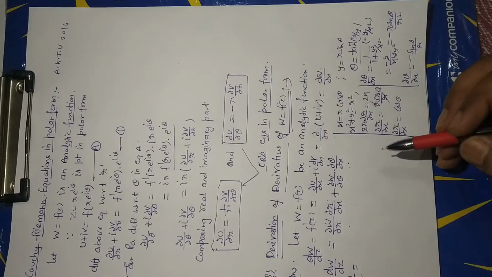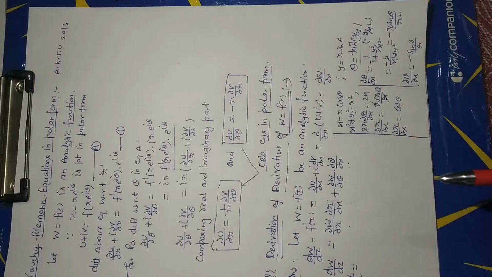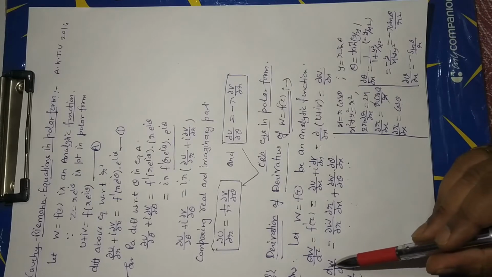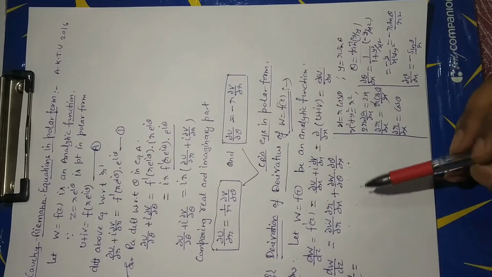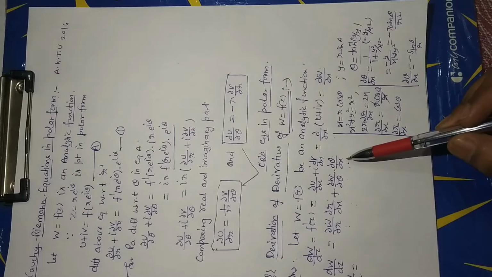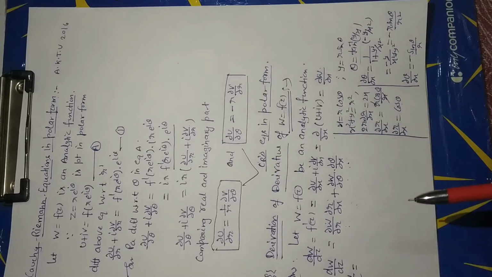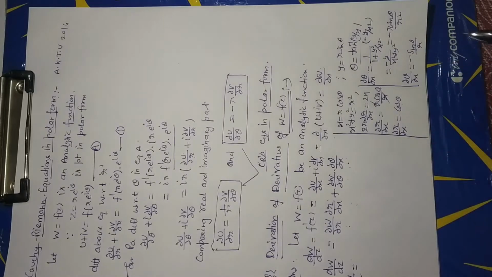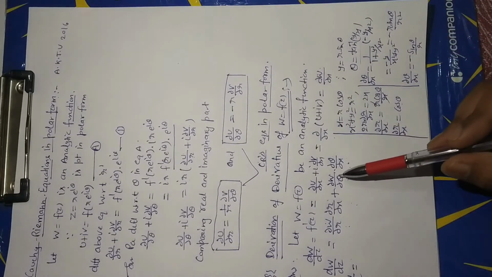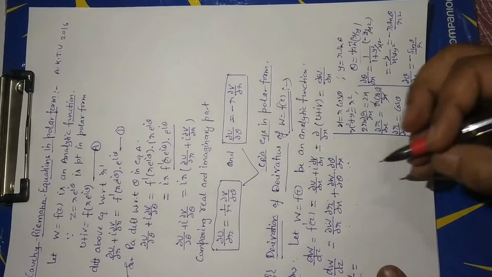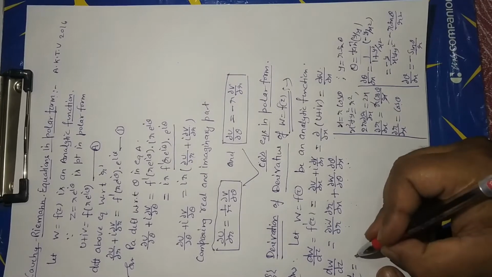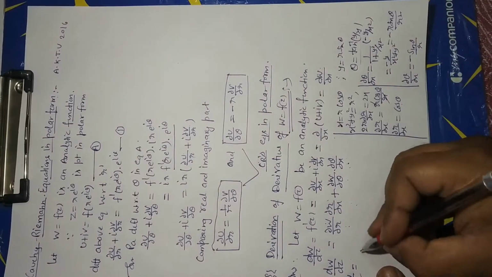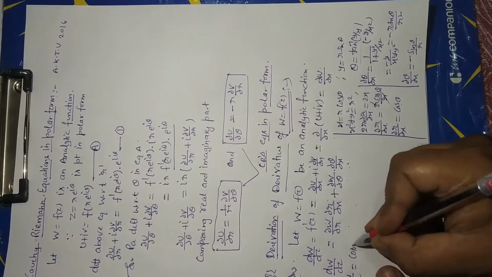Now if we want, there are two methods to solve the derivative of f(z), in terms of r or in terms of theta. First we want to show dw upon dz in terms of r. Now we put the value of del w upon del theta as follows. Value of del r upon del x is cos theta.